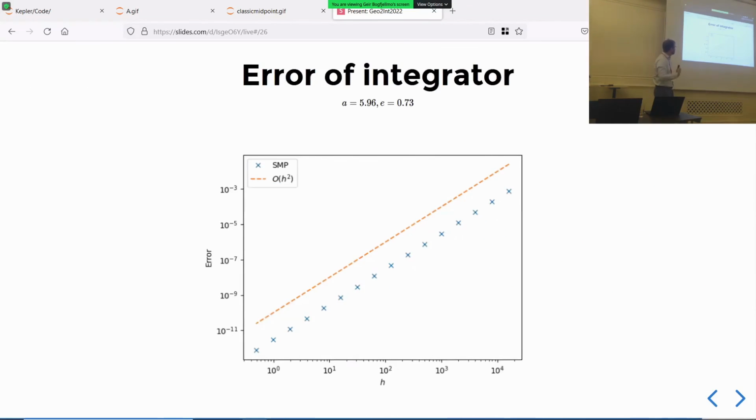But yeah, the order is a second order integrator as expected. I've also done some collective integrators, getting at least fourth order, and that also works.